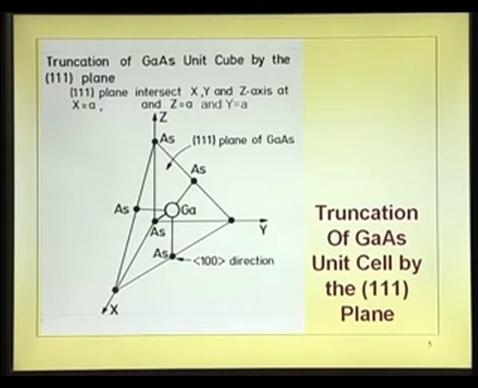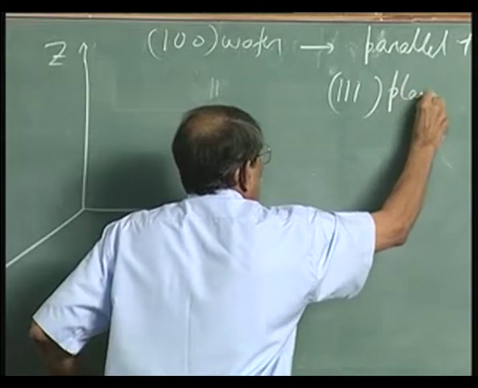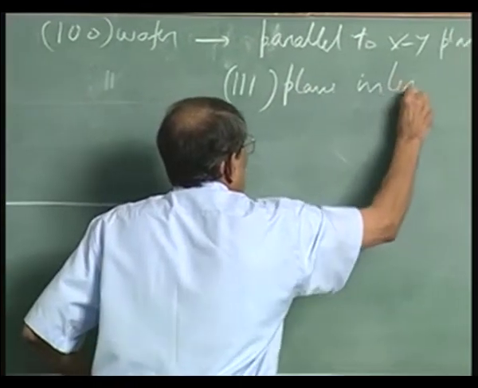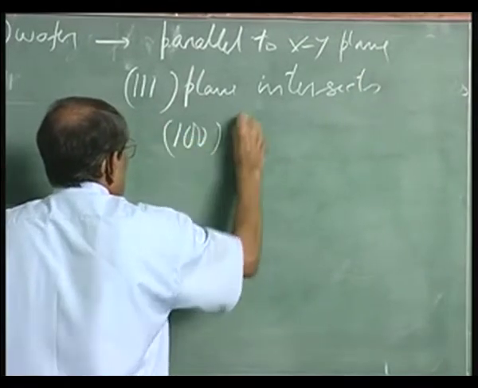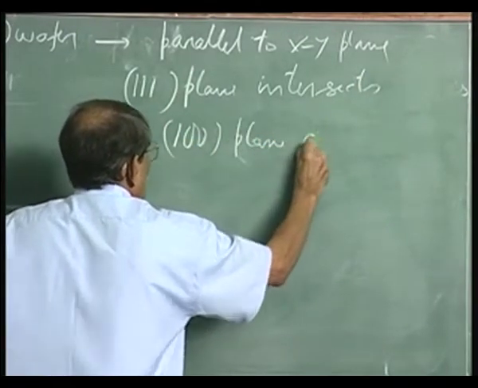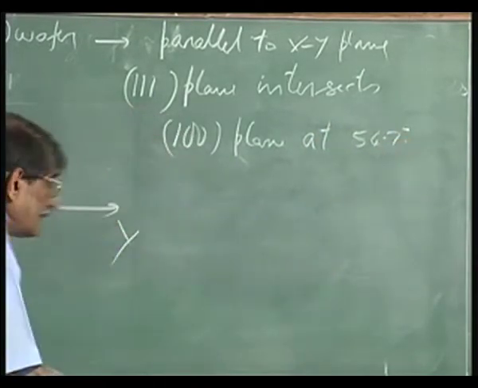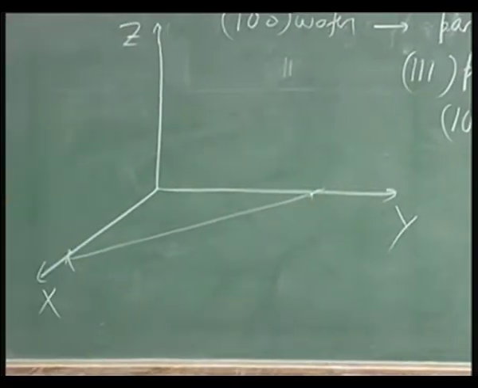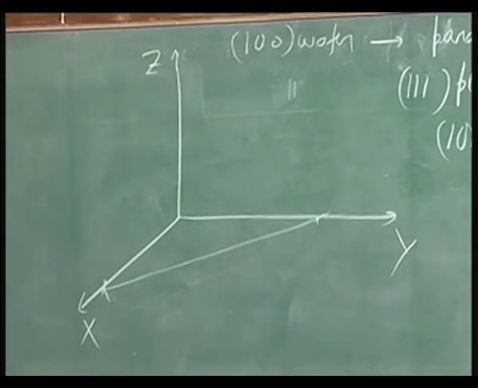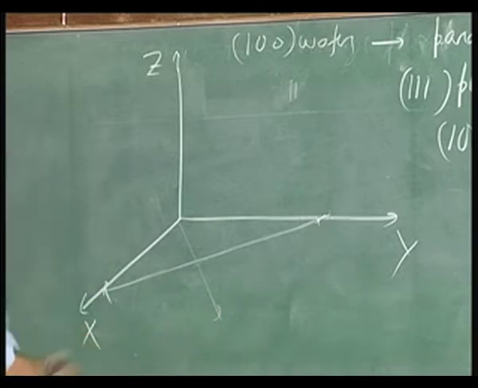So, the 1 1 1 plane intersects the 1 0 0 plane at 54.7 degrees, and it intersects it here. That is called the 1 1 0 direction, because a line drawn perpendicular to that is 1 1 0. So, it is the 1 1 0 direction, that plane.